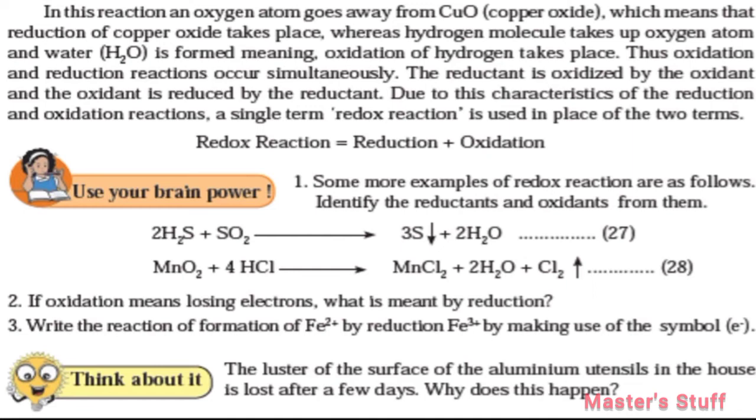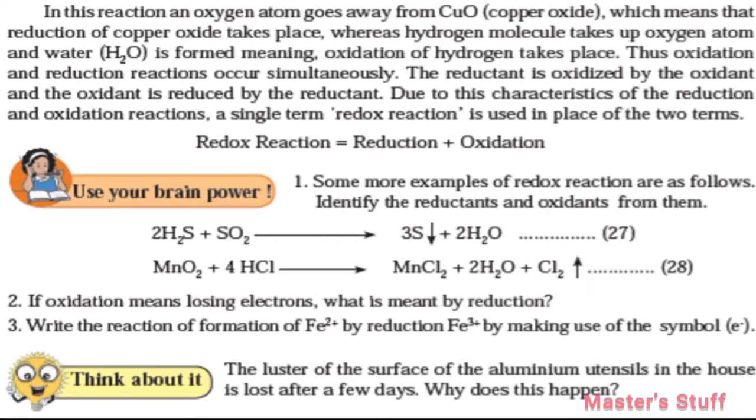Due to these characteristics of the reduction and oxidation reaction, a single term redox reaction is used in place of the two terms. Thus, redox reaction is the reaction in which oxidation and reduction reaction occur simultaneously.